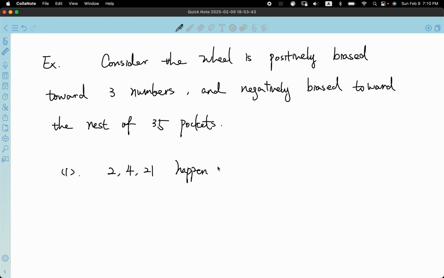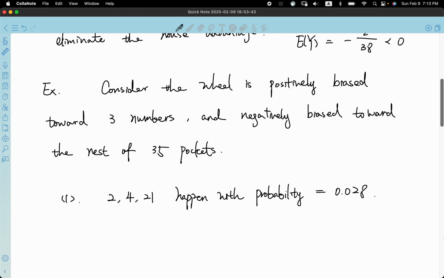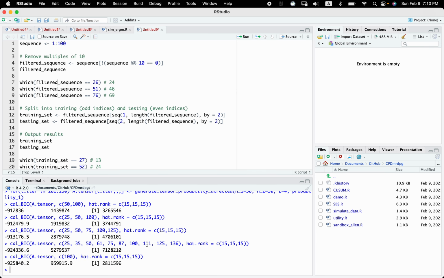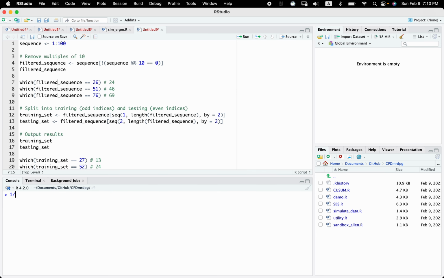Each happens with probability equal to 0.028. So here let me also make a comment.